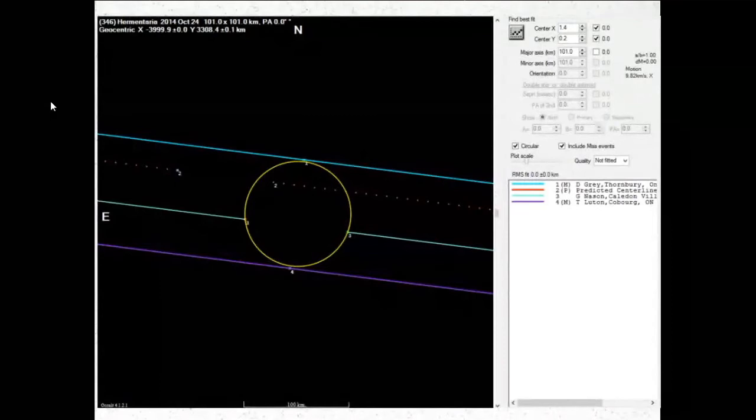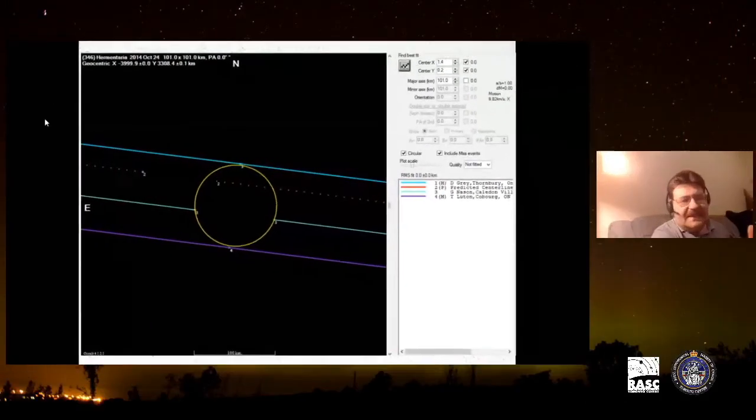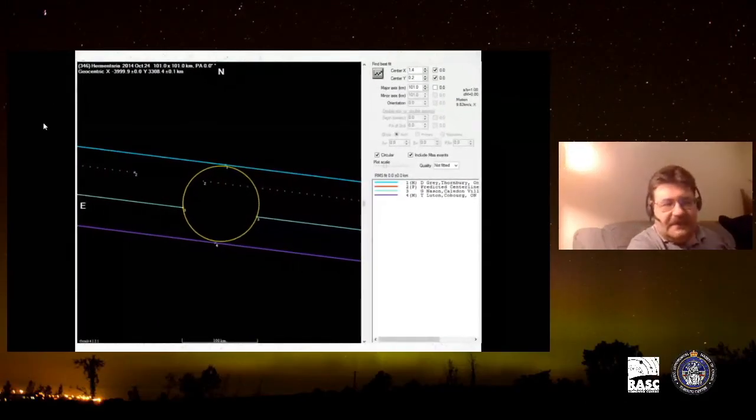And the reason why misses are important shows up beautifully in this image, because by having observers miss the asteroid, we can confirm that the asteroid is not larger than expected. I mean, the circle here is a circle of best fit.